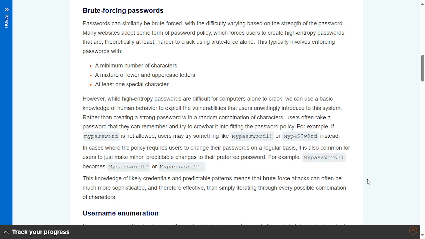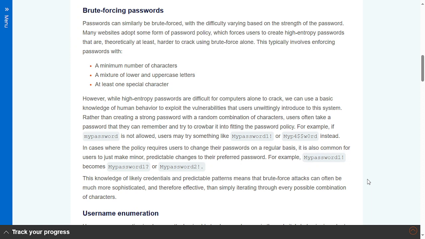However, while high entropy passwords are difficult for computers alone to crack, we can use a basic knowledge of human behavior to exploit the vulnerabilities that users unwittingly introduce to the system. Rather than creating a strong password with a random combination of characters, users often take a password that they can remember and try to crowbar it into fitting the password policy.